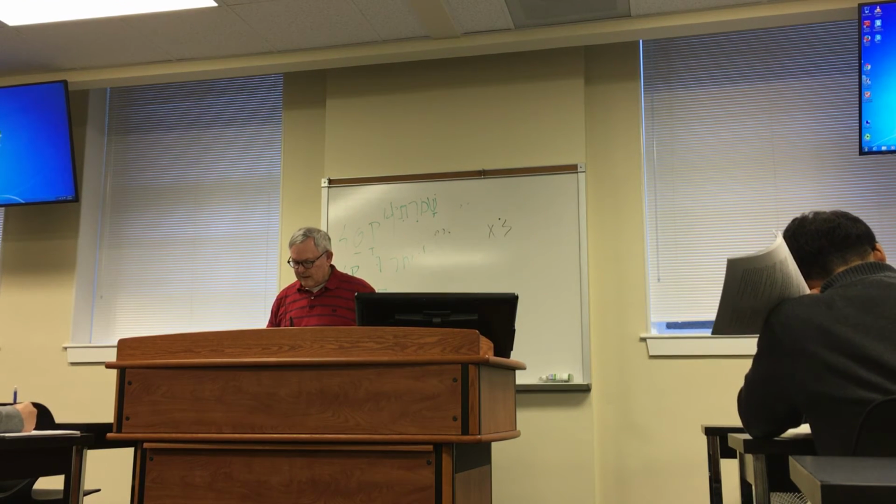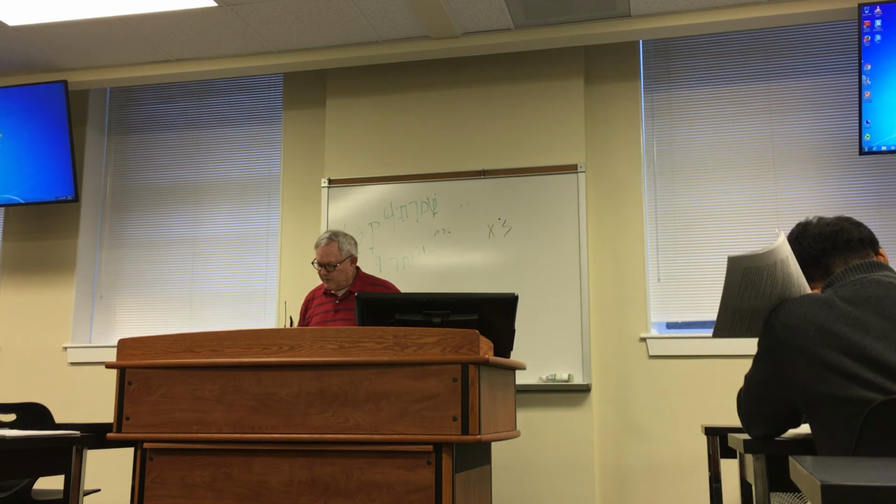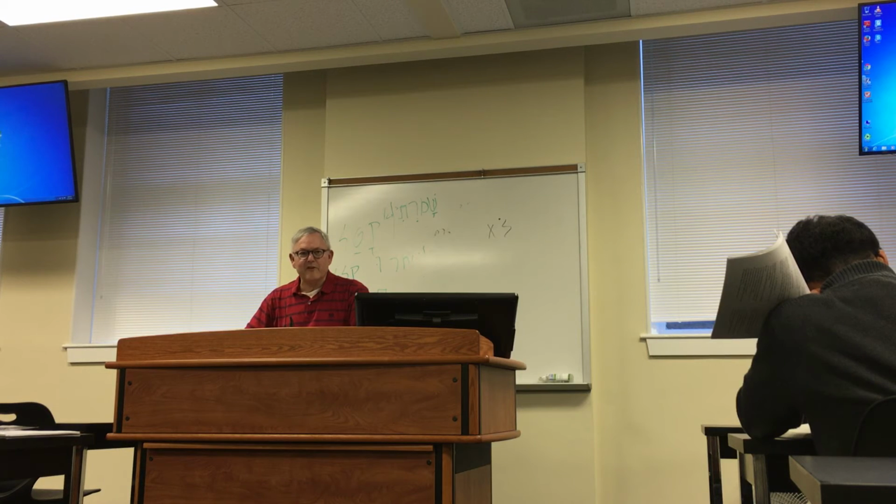Okay. Let's see. So number two is, let's try that one. It always has an irregular verb in it, but I think we'll work around that. So we have ki amartem. Amar means to say.